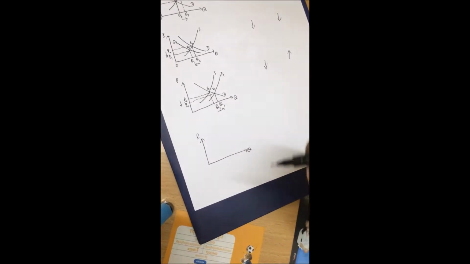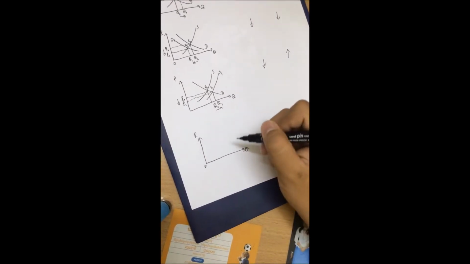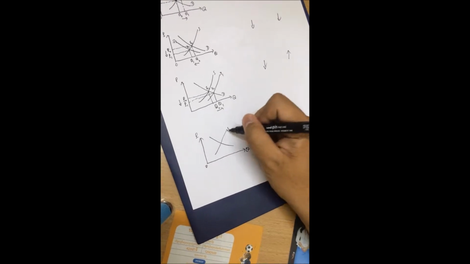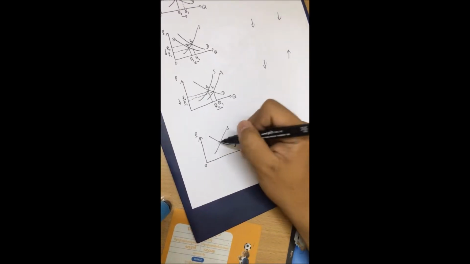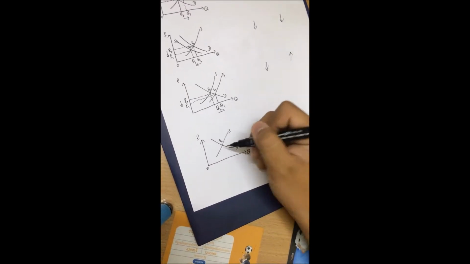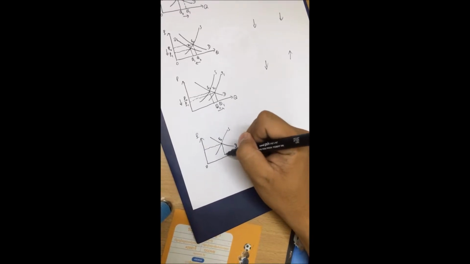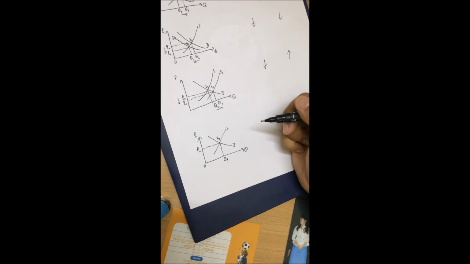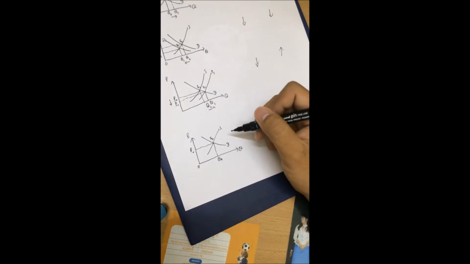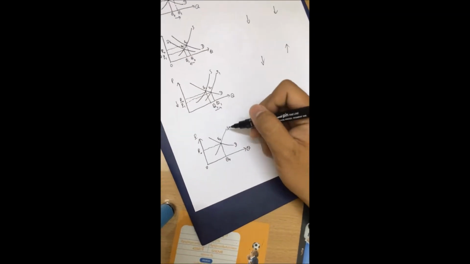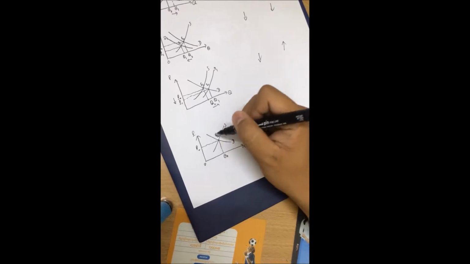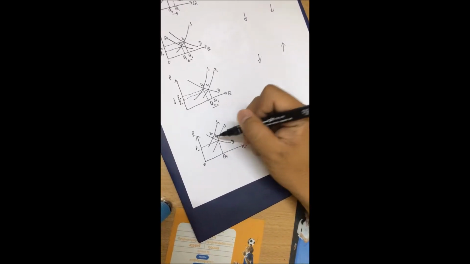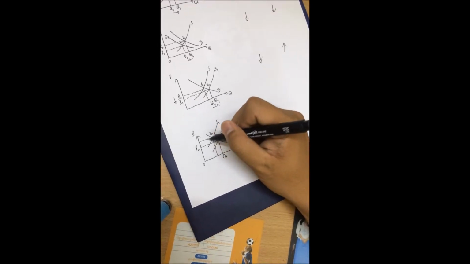Okay, next one. P and Q, you get 0 here, and you just draw two lines, S and D. This is the old equilibrium. You've got Q0 and P0. And then the last question is supply decrease, so it moves to the left. For supply decrease, you get E1, and drop the line here.